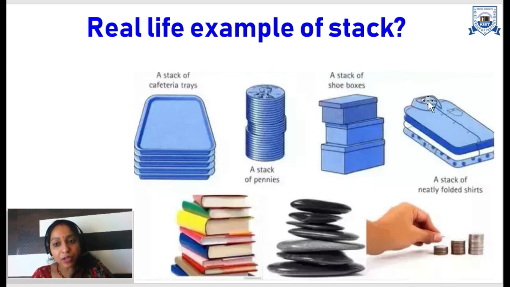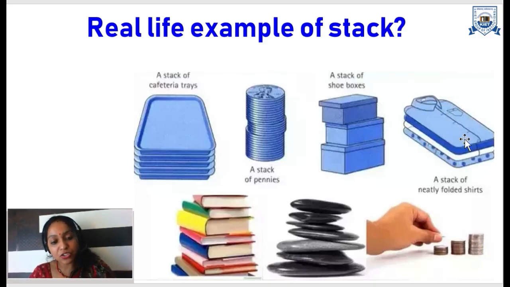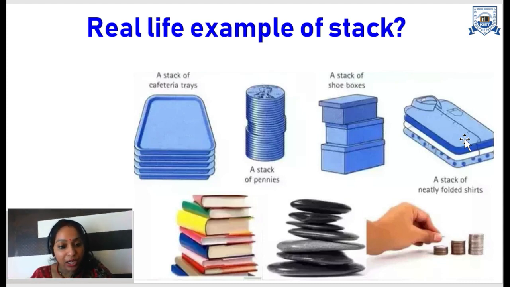You will keep it at the top position. And if you want to pick any shirt, which one will you pick? The one which you kept last. So stack is a similar data structure in which elements are inserted from the last index location, and the element which you inserted last is the first one to be deleted from this data structure.